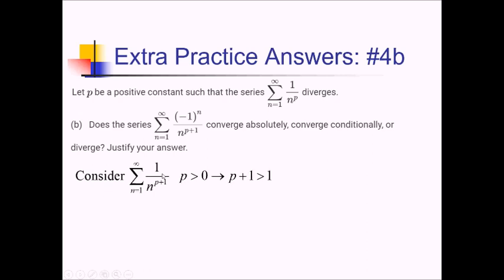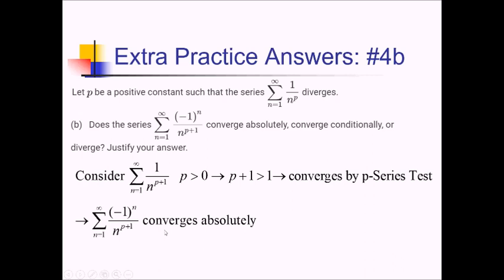That means that this series is going to converge by the p-series test, because you basically have n to something that's bigger than 1. Well, if this converges by the p-series test, this was the absolute value version of the series they gave us. So that means that this series in general is going to converge absolutely.